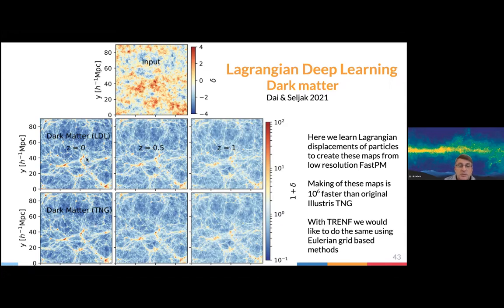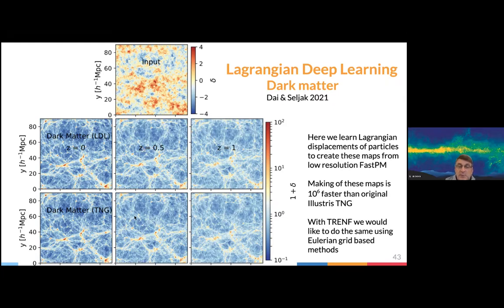And this is what we achieved using this Lagrangian training. You can see that basically the results are by eye indistinguishable. And in fact, we can show that our simulation is better than the TNG simulation at the same resolution. That's because we have trained on a high resolution TNG. But moreover, what is more important, our simulations here are 1,000,000 times faster than the original TNG simulations.